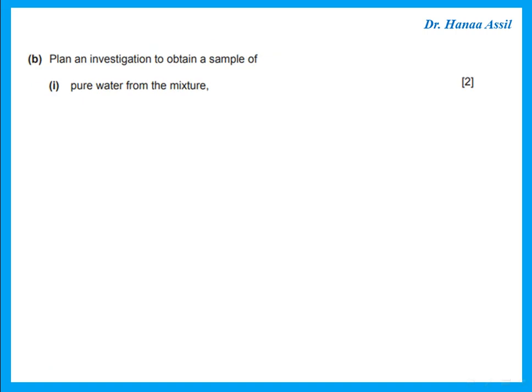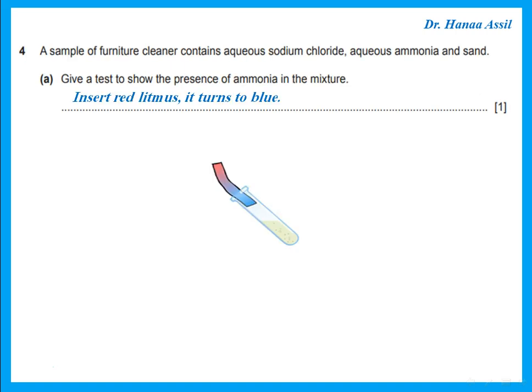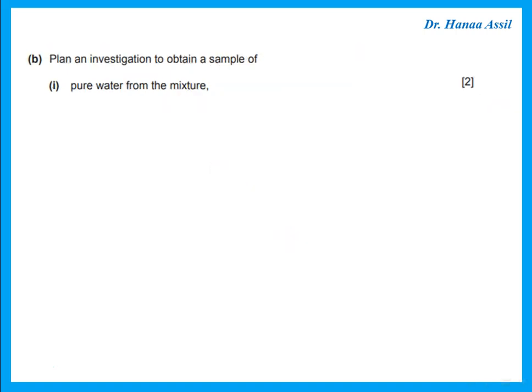Plan an investigation to obtain a sample of pure water from the mixture. So it says I have water and sand and sodium chloride, and ammonia and sand. Now, if I have a solution that has many things and I want the water, how do we get the water from a solution?